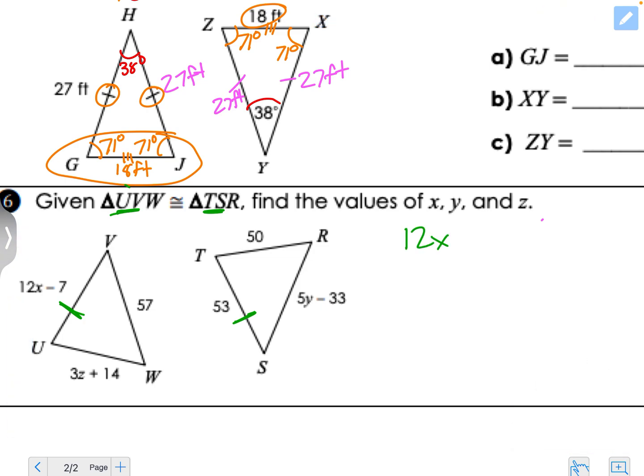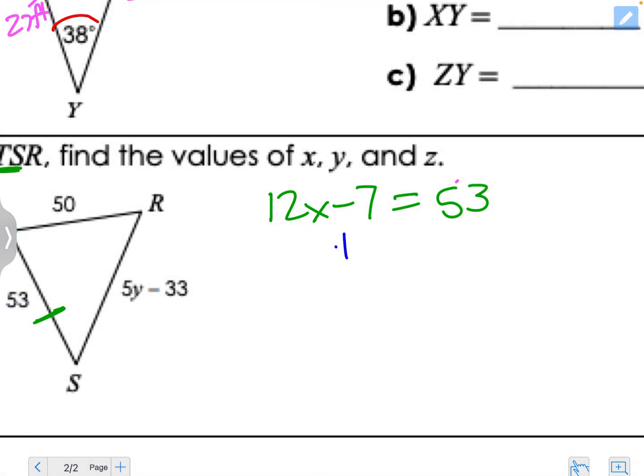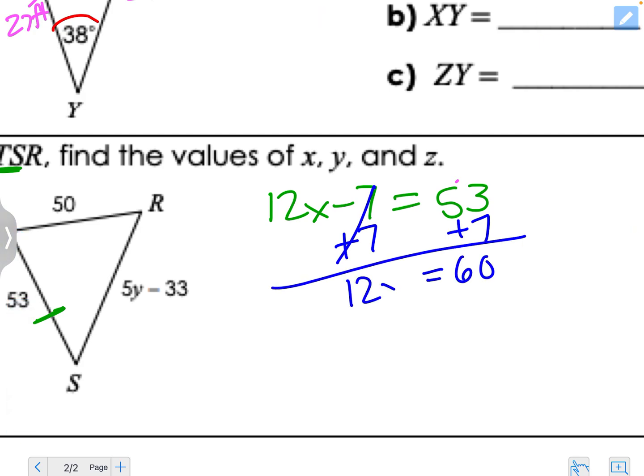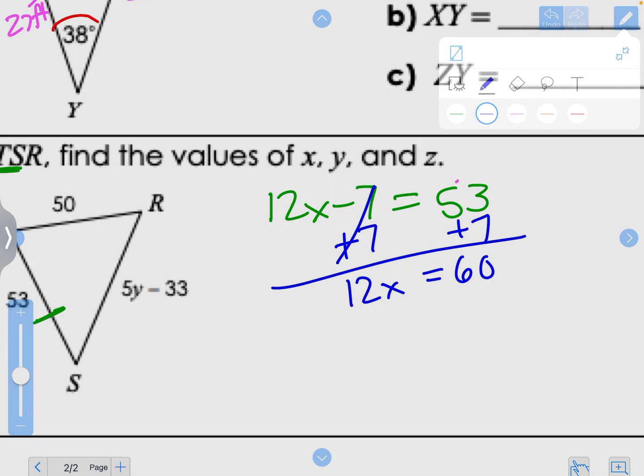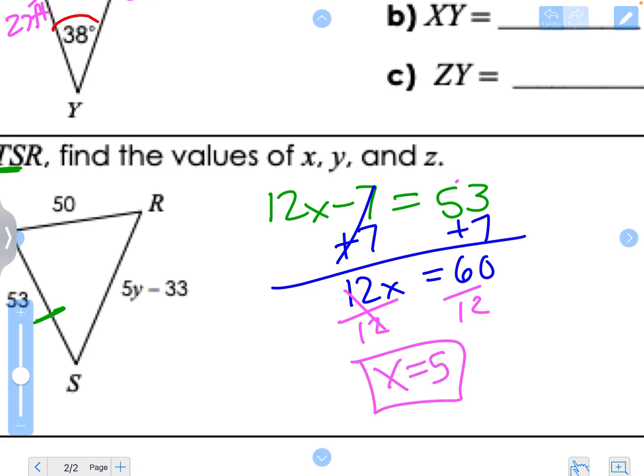So if I have 12x minus 7 is congruent to 53, I know that 12x minus 7 is equal to 53. So to solve for x, I go plus 7, and I get 60. I bring down my 12x. I need to divide by 12, and x equals 5.